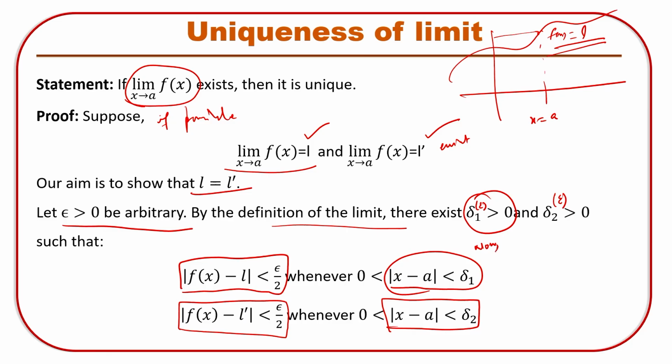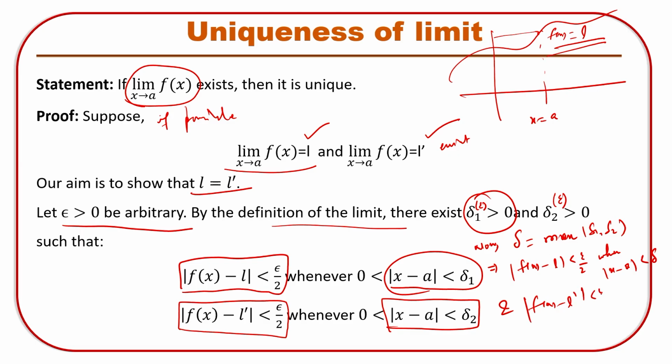Now we can define delta as the maximum of delta 1 and delta 2. So this will give me modulus of f(x) minus L less than epsilon by 2 whenever modulus of x minus a is less than delta, and modulus of f(x) minus L dash less than epsilon by 2 whenever modulus of x minus a is less than delta.